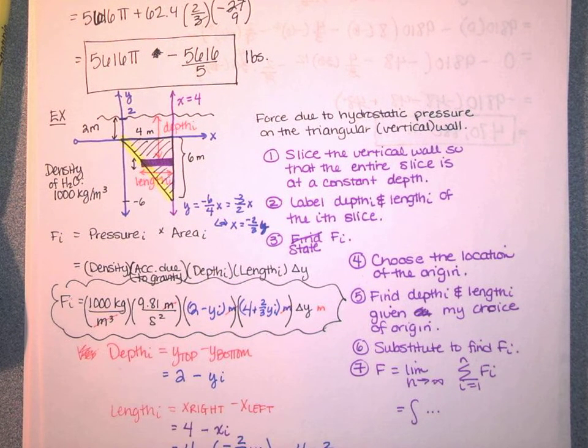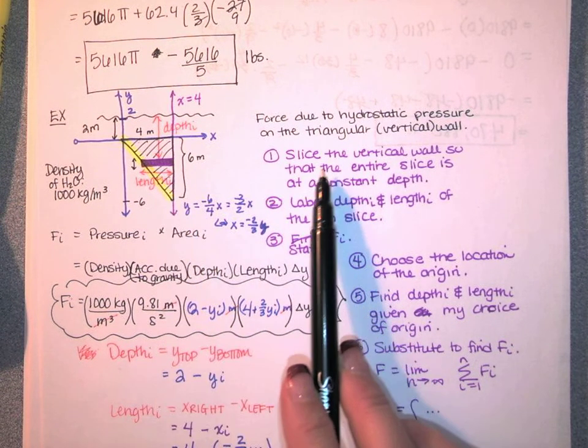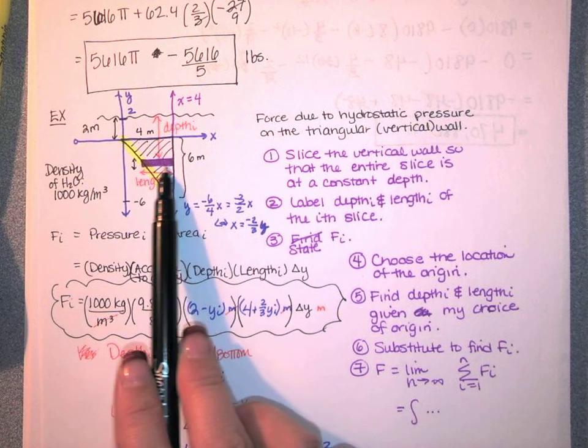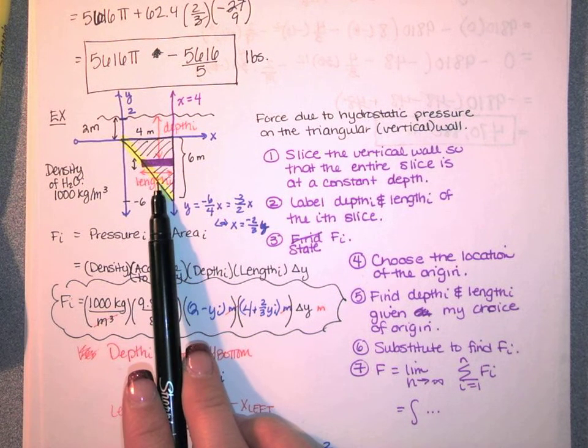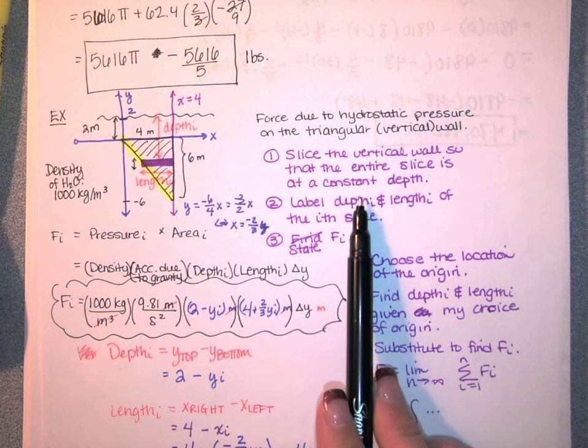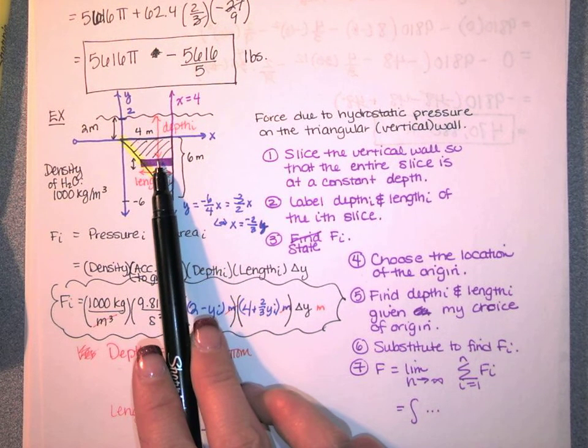If I'm trying to find the fluid force due to some fluid acting on some surface like this, we slice so that the entire slice is at a constant depth. Then you label the depth and the length. Depth is not the same as distance from your work problems. Depth is always measured from water level.